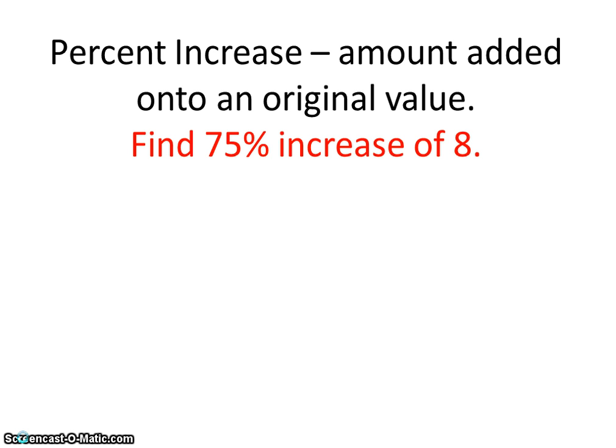Percent increase is the amount that we would add onto an original value. So if I wanted to find 75% increase of 8, I can do this in two ways. I first need to find 75% of 8. And I can do this by turning 75% into a decimal and multiplying that by 8.